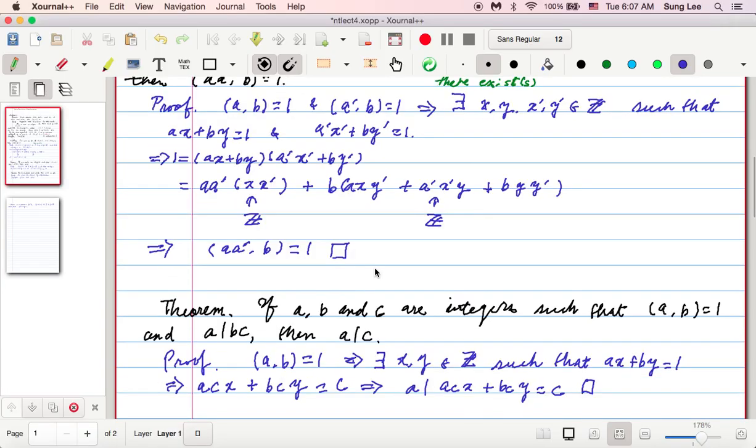And so when you prove a mathematical statement, there are things you have to keep in mind. First, you have to ask yourself, am I using all the conditions given?